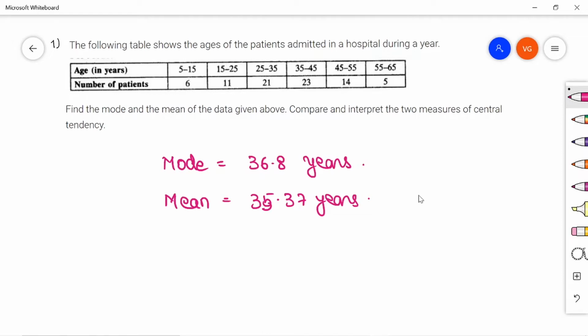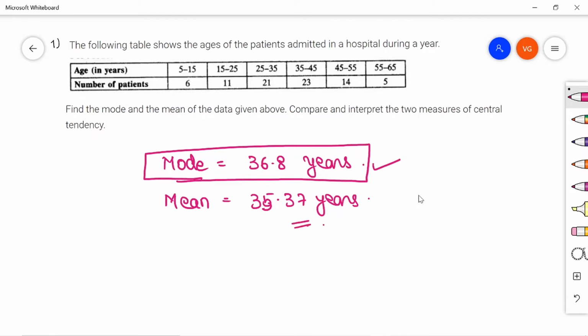So here you can conclude that the maximum number of patients admitted are 36.8 years old. Similarly, the average age of patients admitted in the hospital is 35.37 years. So this is what we can learn from calculating the mode and mean of the given data.